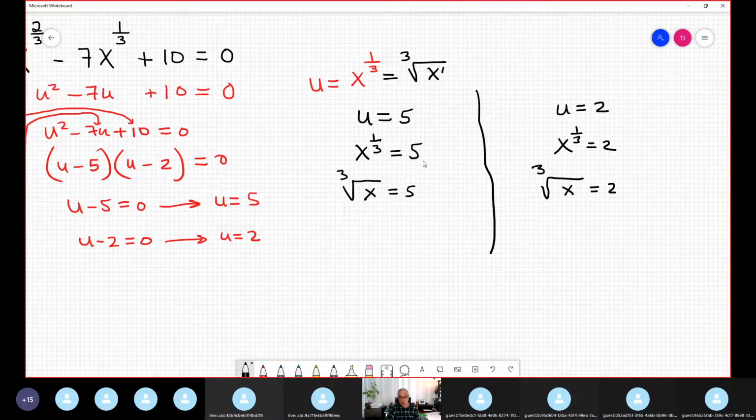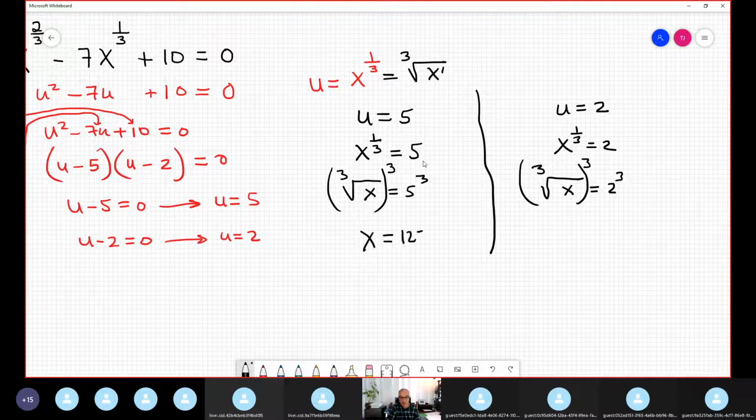So in this moment, we have two new radical equations that come from the original. But it's easy. You raise to the cubic power because the opposite of the cubic root is the third power. It's equal 5 times 5 times 5, get 125. And here is 2 times 2 times 2, which is 8.